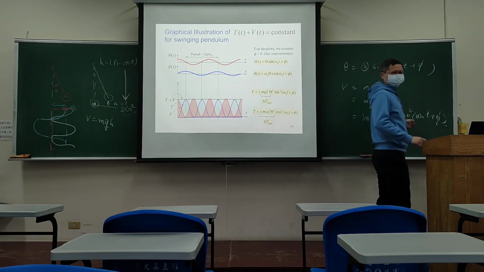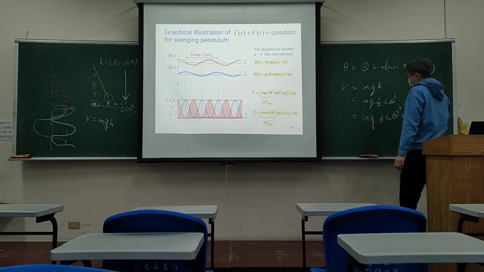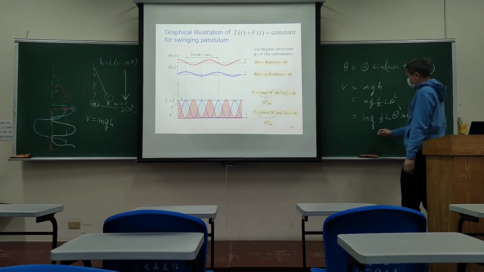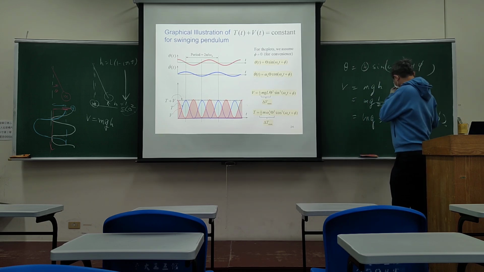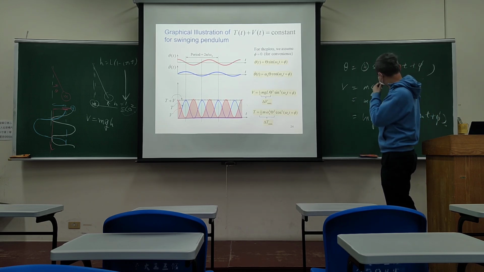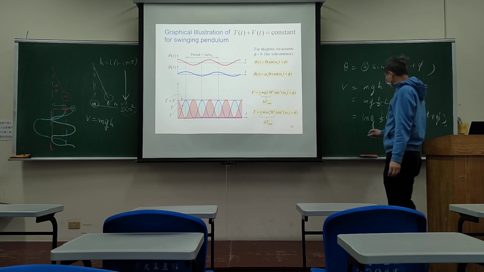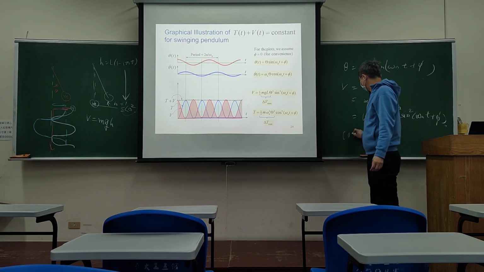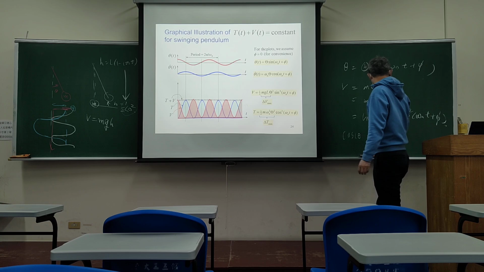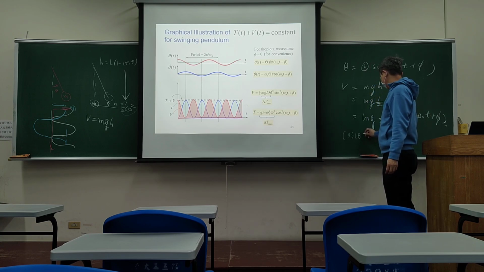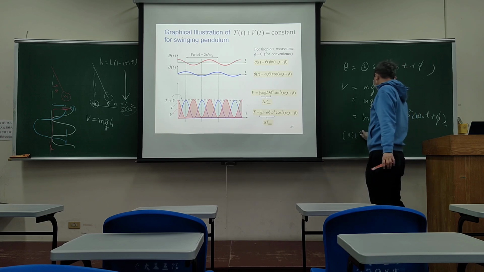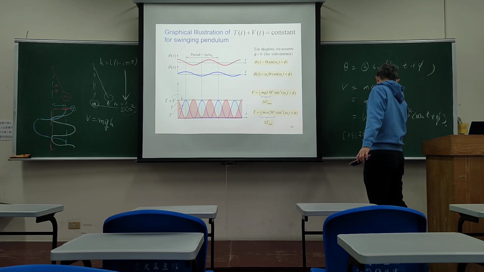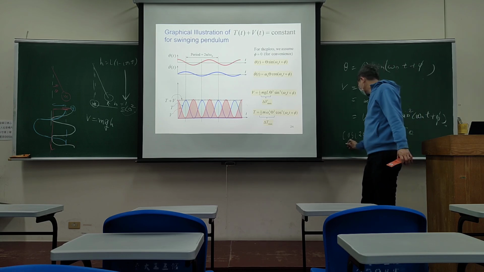Remember sine square. What is sine square? If you recall, you can obtain sine square from where? Cosine 2 theta is cosine square minus sine square. And what is cosine 0?